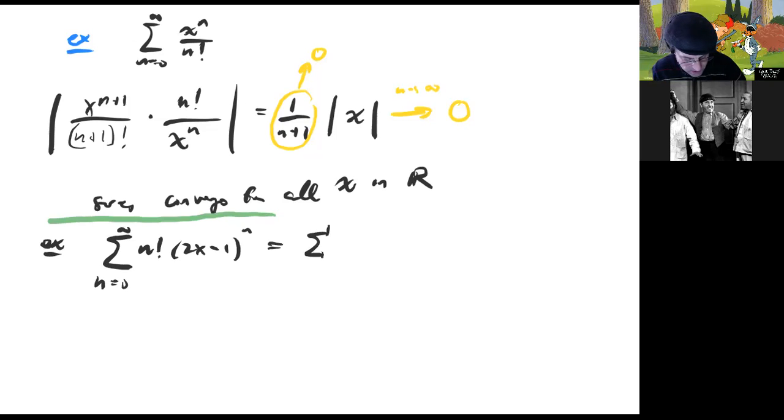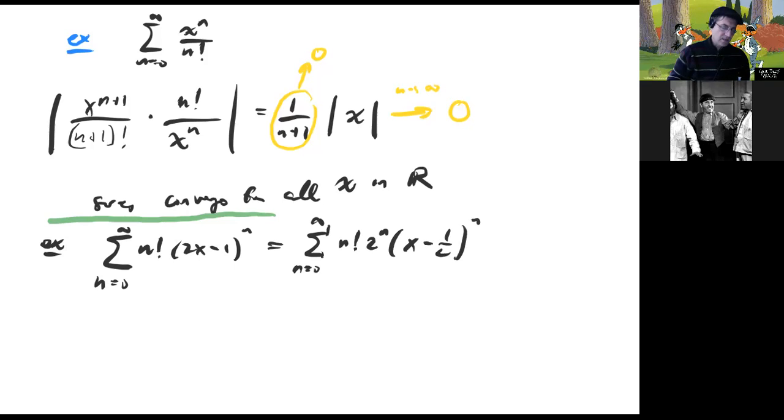It's the same as the sum, n goes from 0 to infinity. We can bring the 2 to the n out, and you get n factorial 2 to the n times x minus 1/2 to the n. So this series is actually centered at x equals 1/2. Okay, so this is a power series.